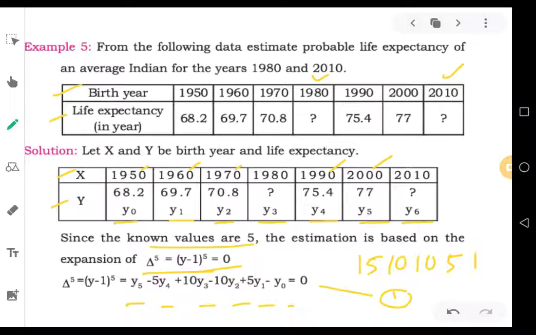In the same manner, you have to prepare one more equation by increasing the values of the suffixes. Suffixes means the numbers which you have written next to y, like y0, y1, y2. The first equation began from y5.